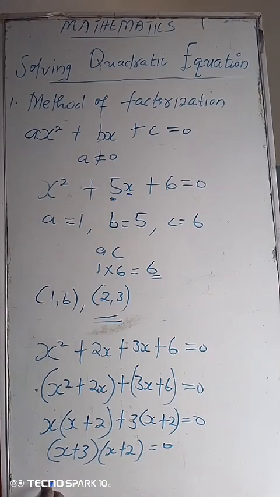So it implies that x plus 3 is equals to 0, or x plus 2 is equals to 0. So my x will be negative 3, or x is equals to negative 2 as my final answer.